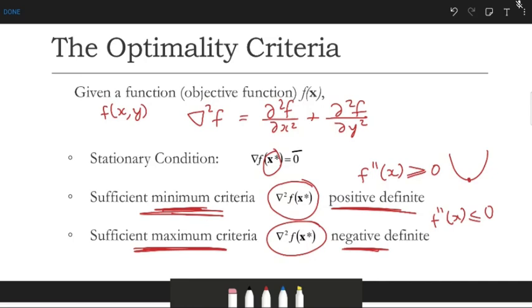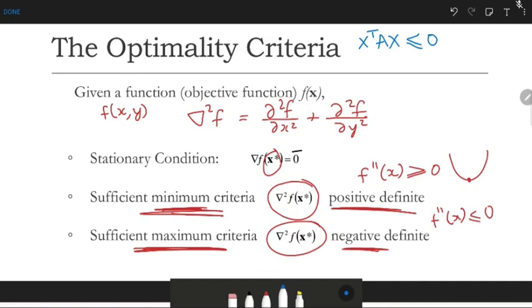Okay, I found some matrix representations there. I found some matrix. If this is true, it is negative definite.